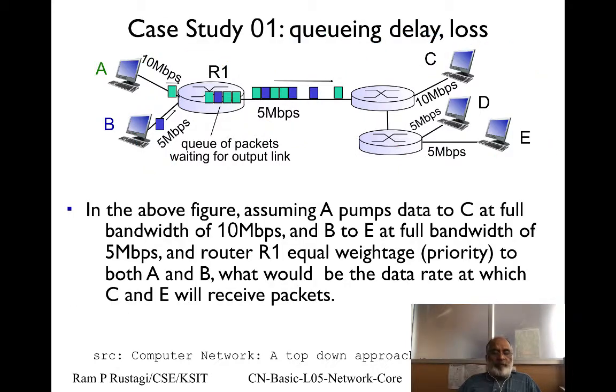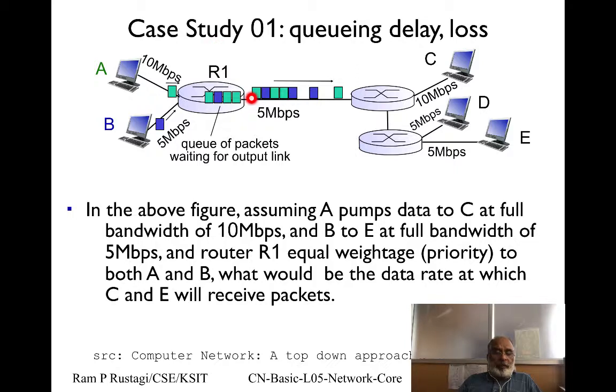Just to make sure that you understood correctly, let's do the next exercise. Consider that host A is still a 10 Mbps link, B is a 5 Mbps link, and router R1 bandwidth is 5 Mbps, not 3 Mbps. But now router R1 treats A and B equally, not on a per-packet basis.